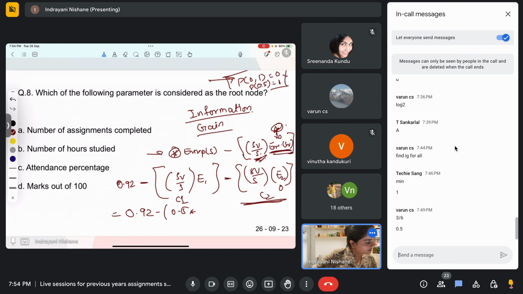So that will be 0.92 minus 0.46. So this will be this value, what we call information gain.